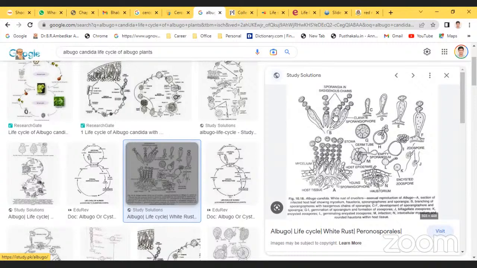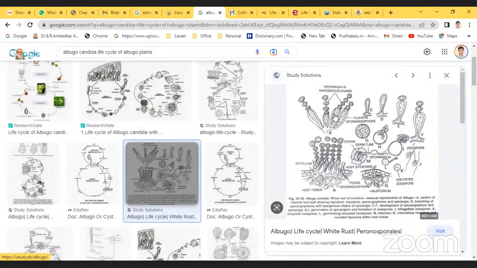That is the white rust disease. The sporangia are disseminated by wind or water to other susceptible hosts. A great percentage of the sporangia germinate directly and produce 4 to 12 zoospores, which are liberated due to the bursting of the cell wall.